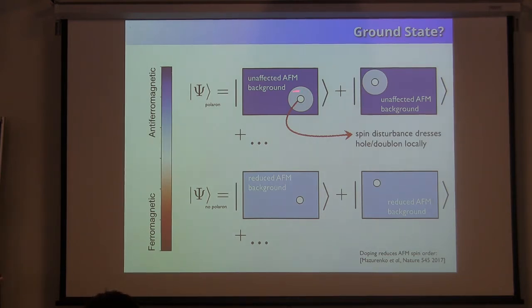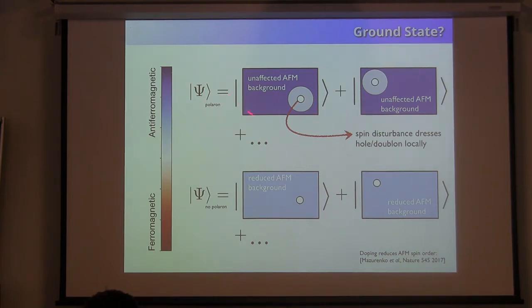Or you form an impurity solution, this polaron that we heard about, where within a certain range you modify the antiferromagnetic correlations or even turn them ferromagnetic. Within that bubble it's easier for the hole to move, it can delocalize a bit and minimize its kinetic energy, but only over this finite range.